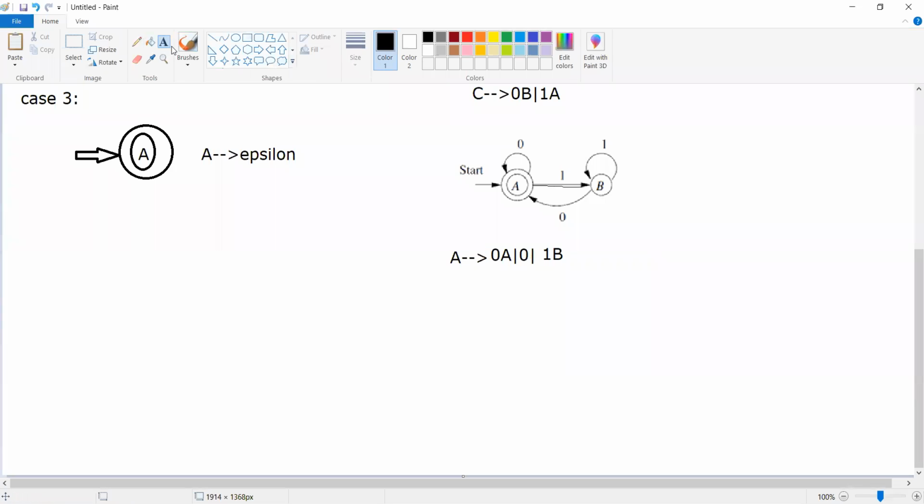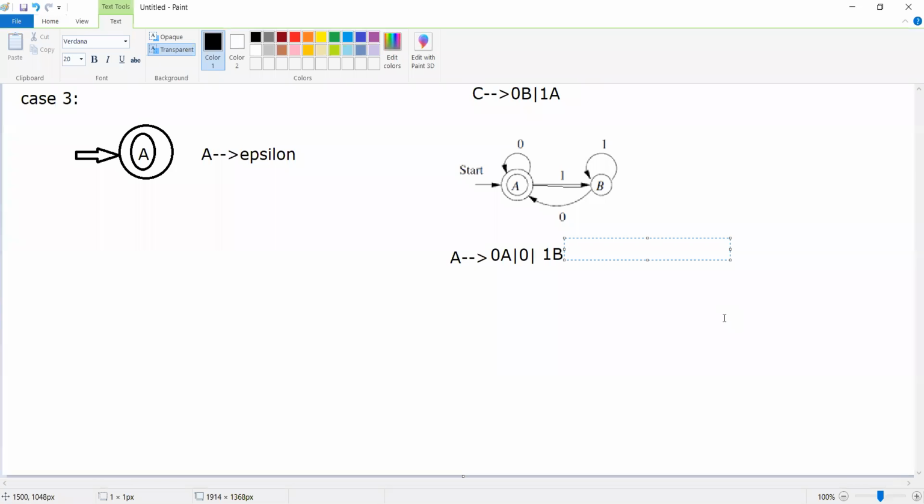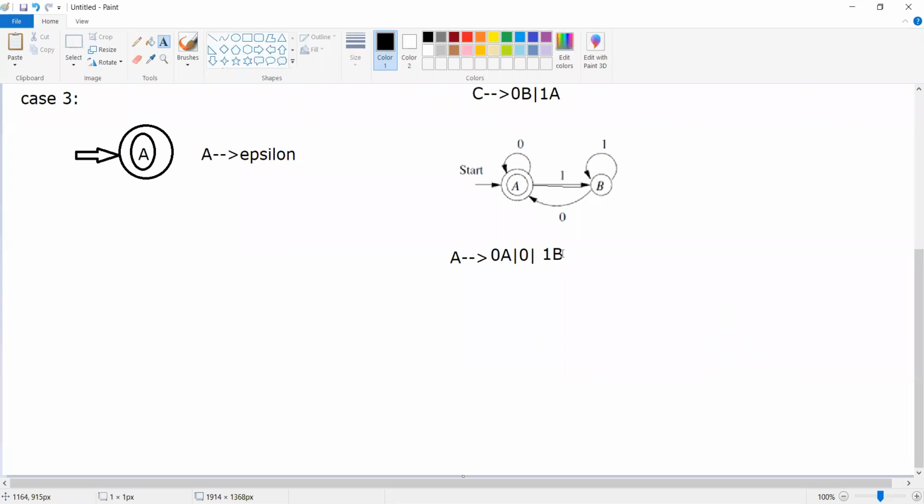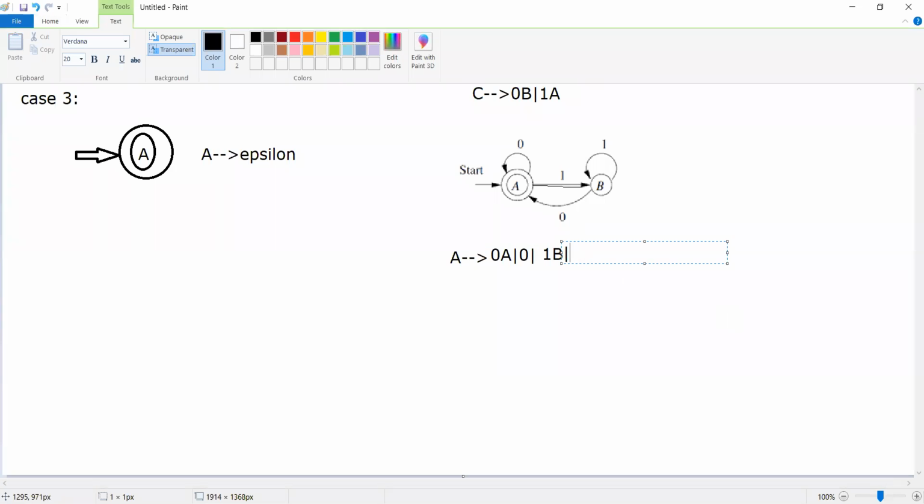But if you look into the diagram thoroughly, I already told you that the initial state itself is going to act like a final state. As the initial state itself acts like a final state, we will be getting one more production, which is the epsilon production.